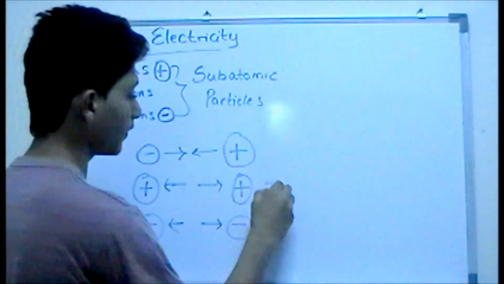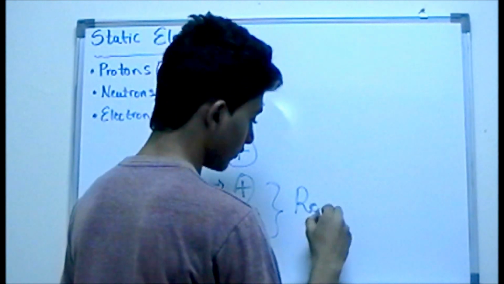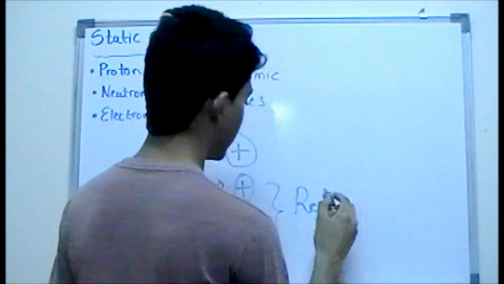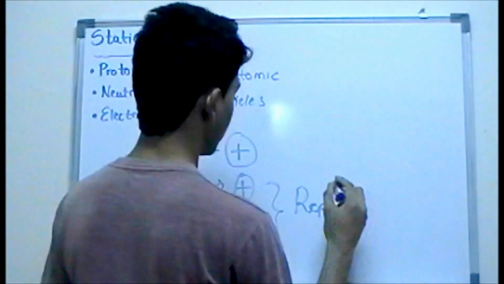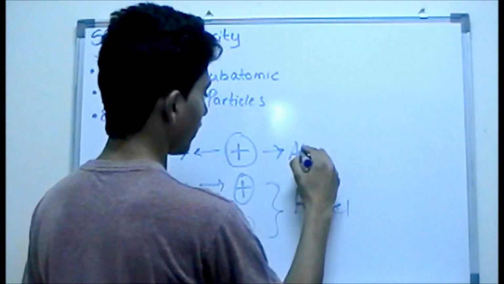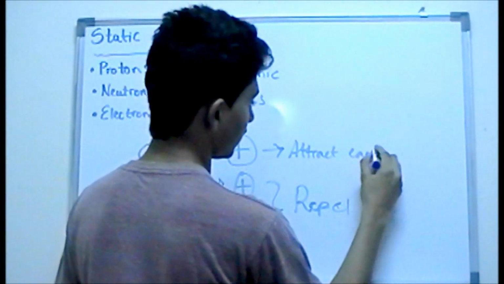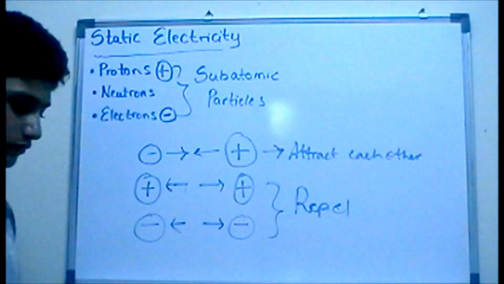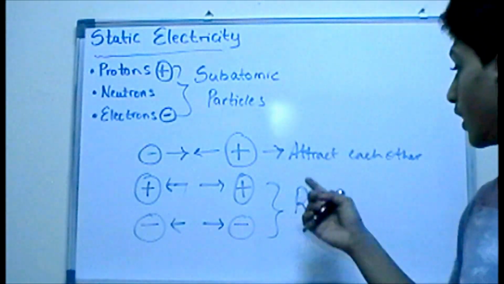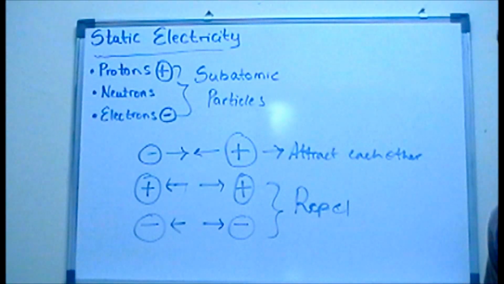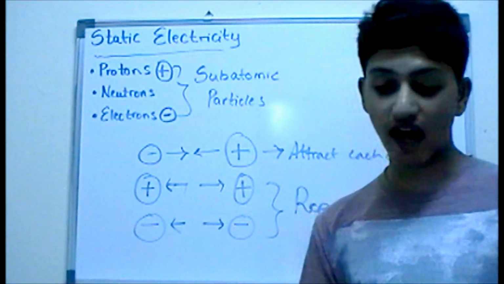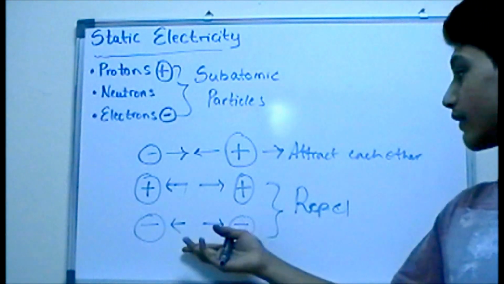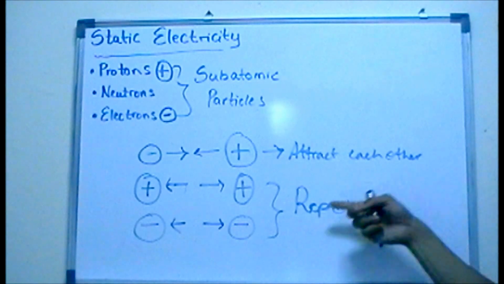These over here would repel, and here these would attract each other. Okay, that's what I'm trying to say. Now, since they have the property of attraction and repulsion, scientists figured they need to have some kind of charge, because without those charges they wouldn't have these properties, which are attraction and repulsion.